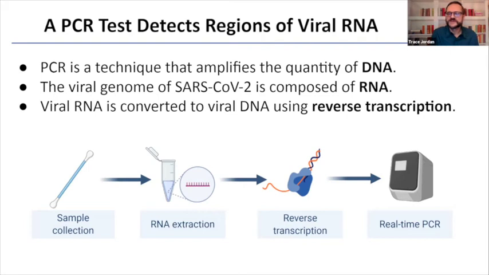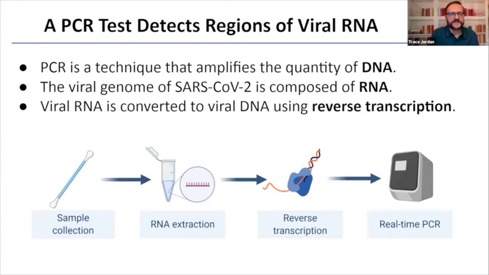Reverse transcription is the reverse of that process, where the sequence of bases in RNA is copied into a complementary strand of DNA. So the diagram at the bottom shows the stages of a PCR test for SARS-CoV-2.